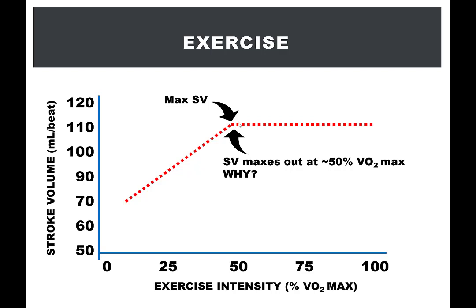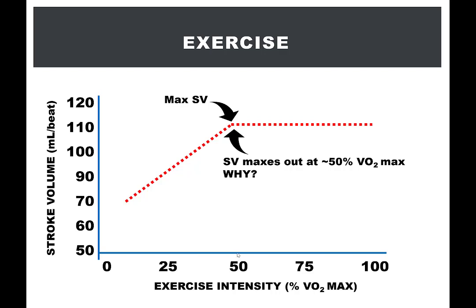And if I ask the question, how does stroke volume change at exercise intensities of 50% VO2 max and above? The answer would be stroke volume does not change because it has already reached its maximum at about 50% VO2 max intensity. I could also pose this question differently, such as, stroke volume increases proportionate to exercise intensity until blank. The answer would be 50% VO2 max intensity.